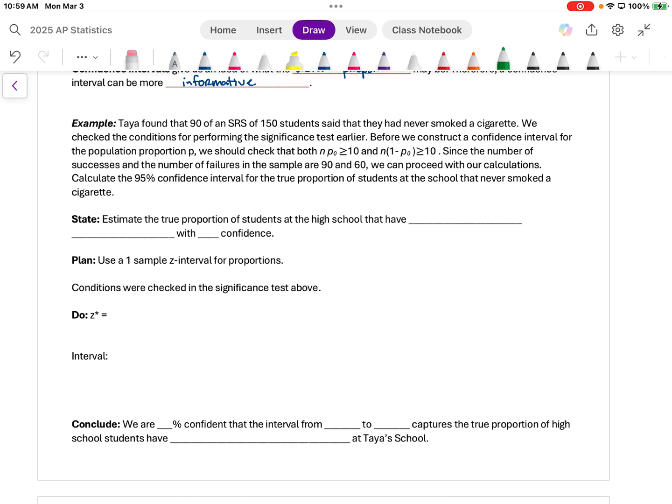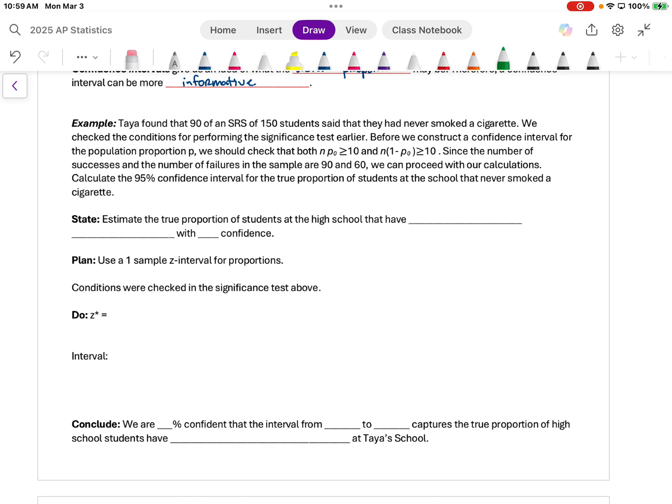Okay? All right, so Taya found that 90 of the 150 students said they had never smoked cigarettes. We checked the conditions for performing a significance test earlier, before we construct a confidence interval. For the population proportion p, we should check that both n times p naught and n times (1 minus p naught) are greater than or equal to 10. Since the number of successes and the number of failures in the sample is 90 and 60, we can proceed with our calculation.